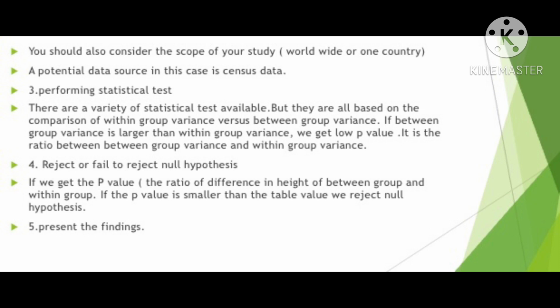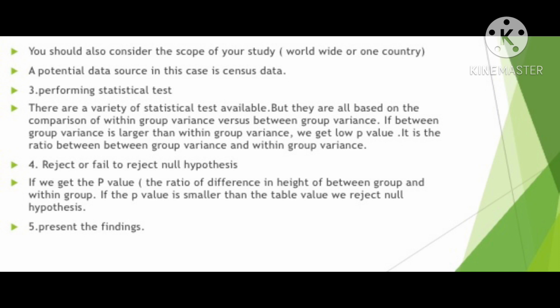So the variance is the difference from the mean value. We find this in each group, and later on we find the variance within the group, that means within the group of women, and between the groups, the variance between the group of women and the group of men. That way we are finding the variance between the groups and within the groups.